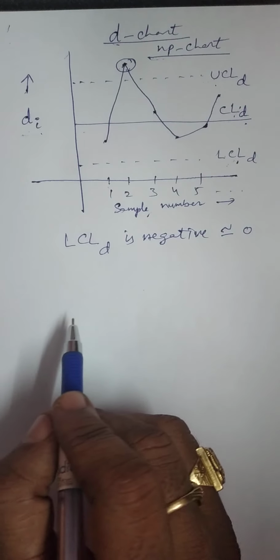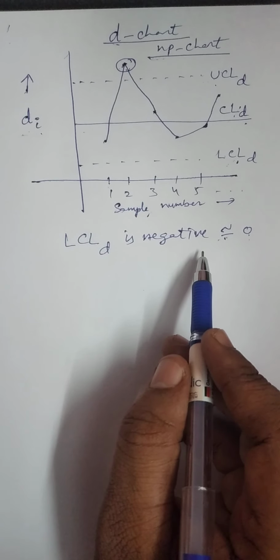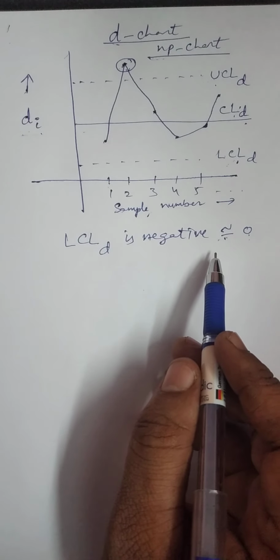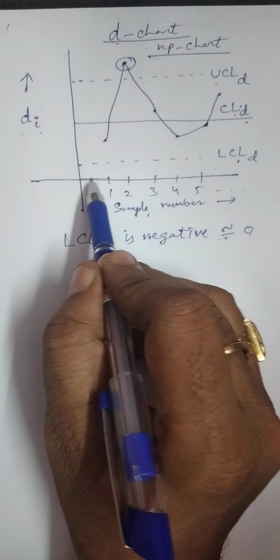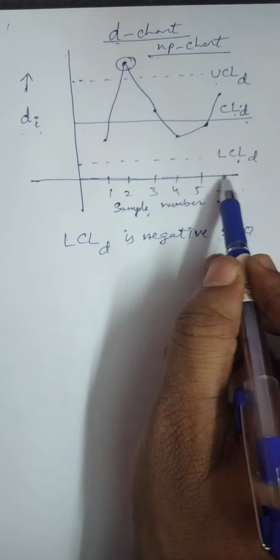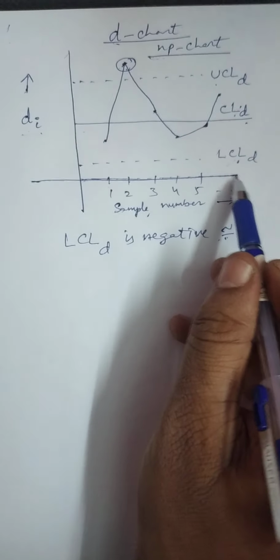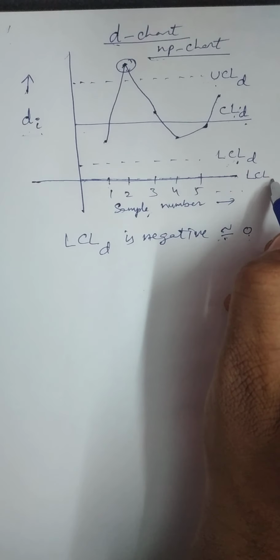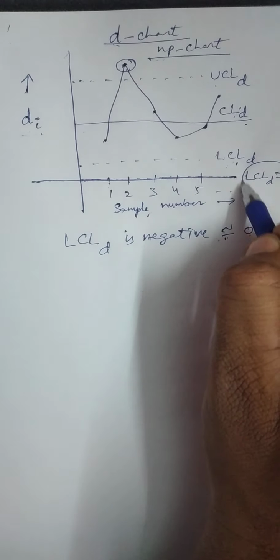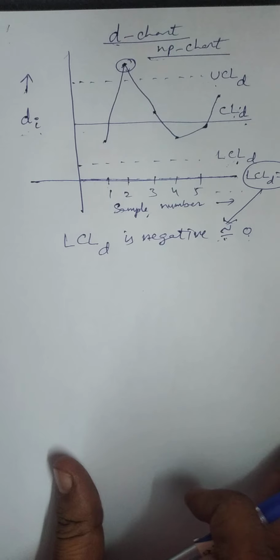It is 0, and you have to draw the LCL at the x-axis, on this particular line. You have to plot it as a dotted line. This is then the LCL. LCL becomes 0. Whenever it is negative, we have to consider 0.